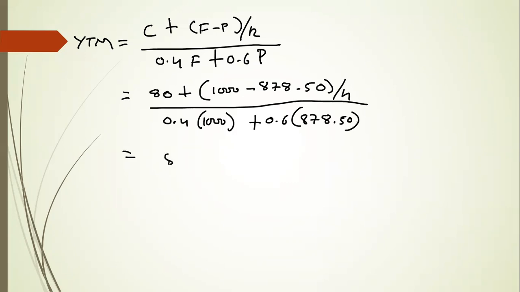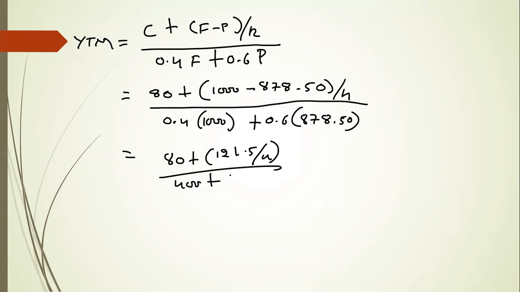So we get 80 plus 1000 minus 878.50, we get 121.5 divided by 4, divided by 400 plus 878.5 into 0.6.